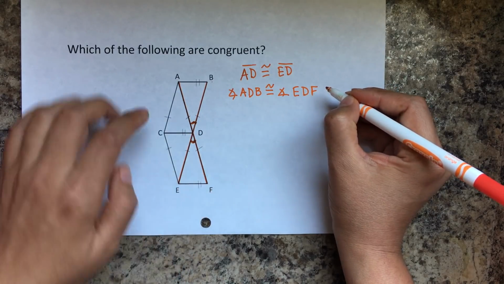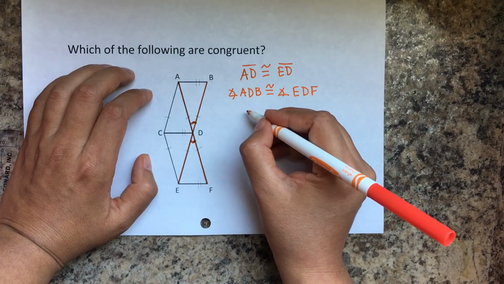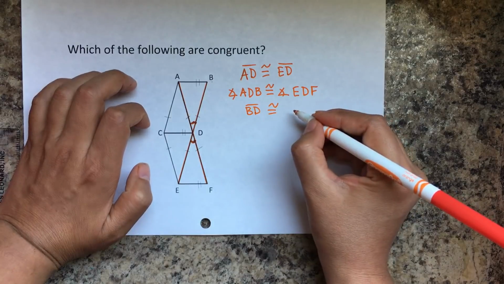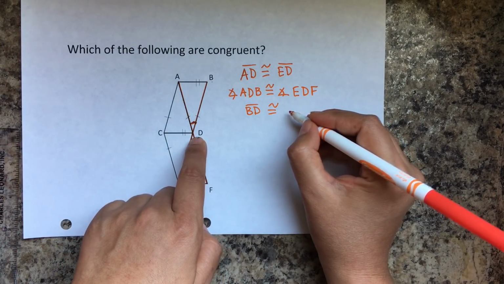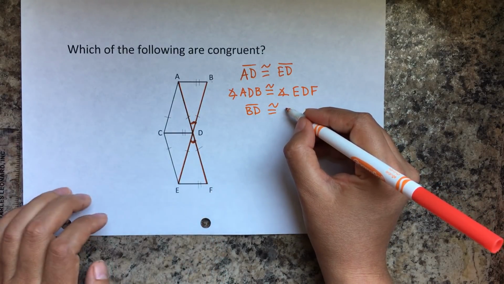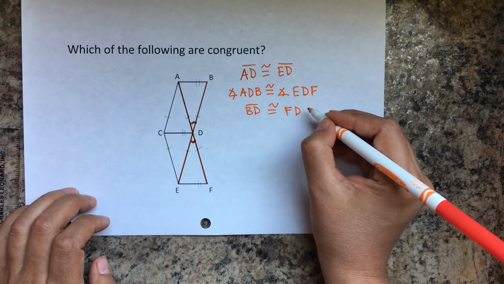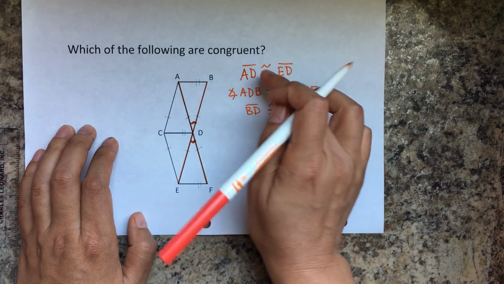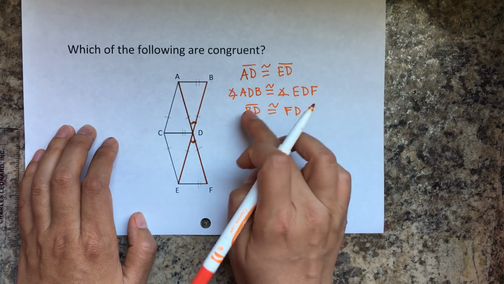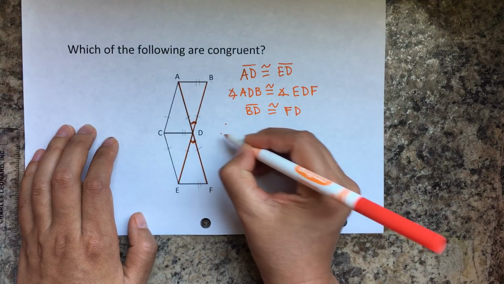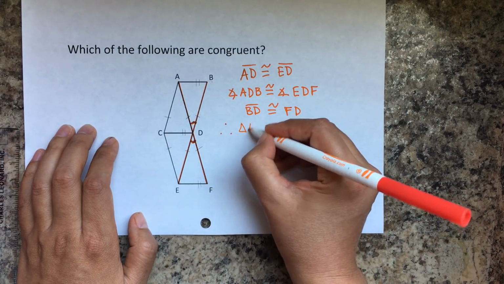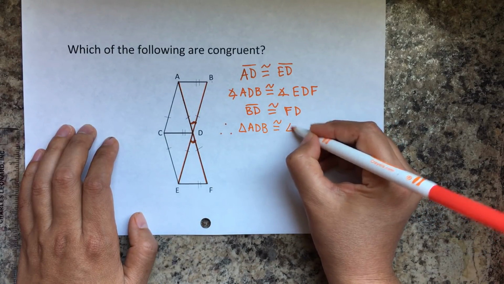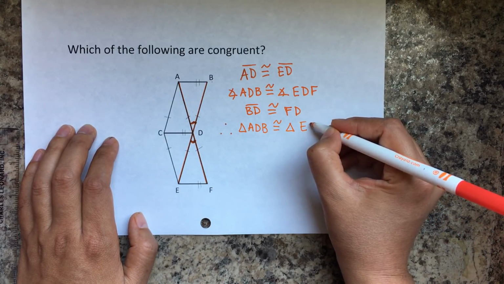EDF. And we also know that BD is congruent to side FD. Okay, so now we have one side, one angle in the middle, and another side, and we can say, therefore, triangle ADB is congruent to triangle EDF.